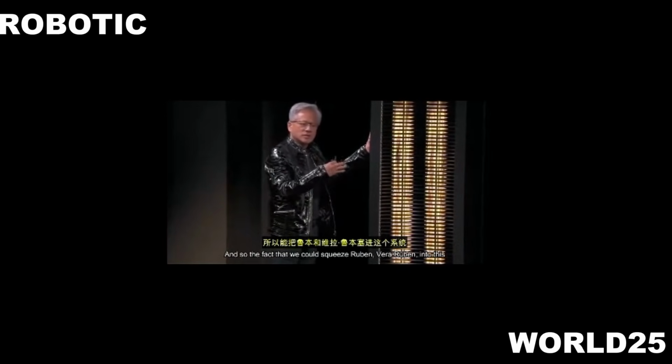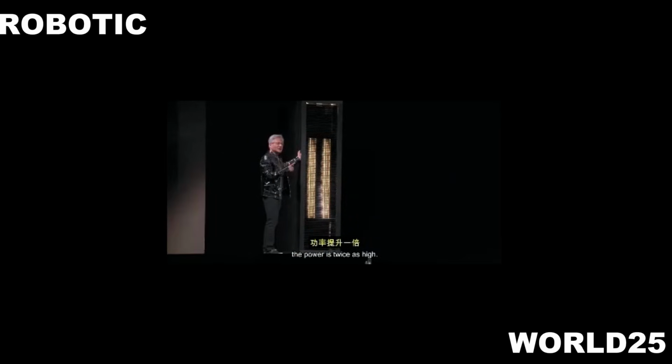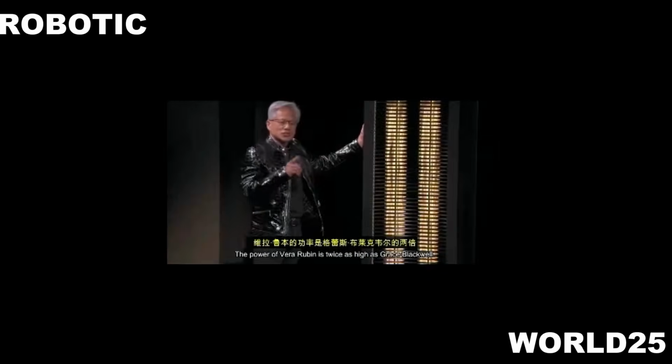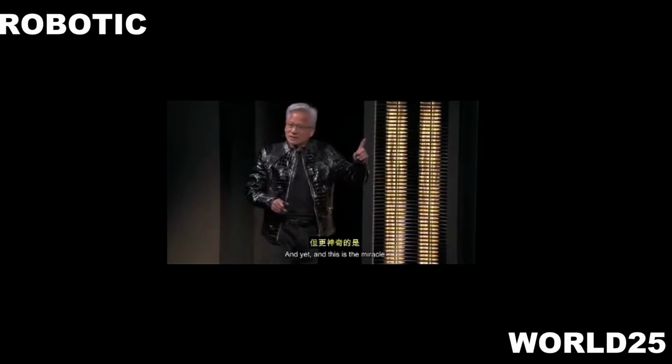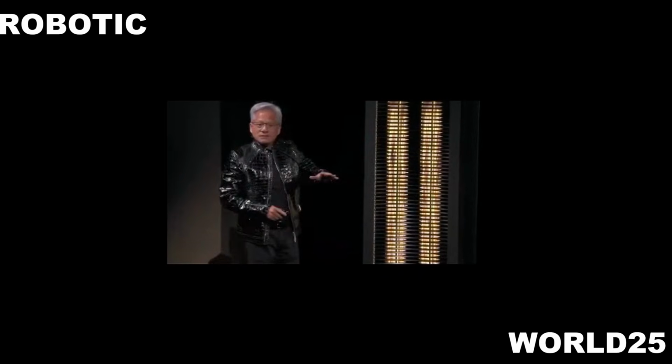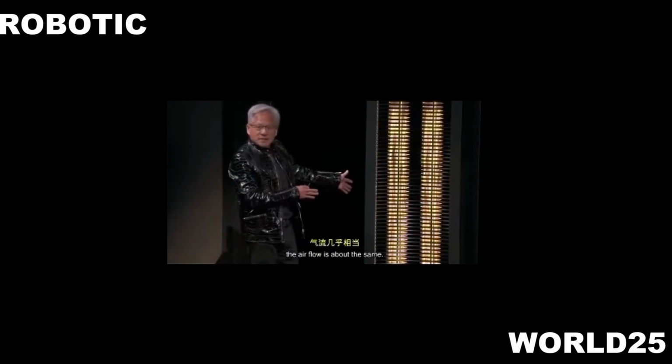And so the fact that we could squeeze Vera Rubin into this, even though the performance is so much higher, and very importantly, the power is twice as high. The power of Vera Rubin is twice as high as Grace Blackwell. And yet, and this is the miracle, the air flow is about the same.